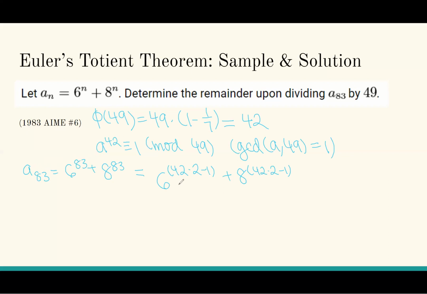And now since 6 to the 42 would just be 1, this part cancels out, and we are left with 6 to the negative 1 plus 8 to the negative 1.